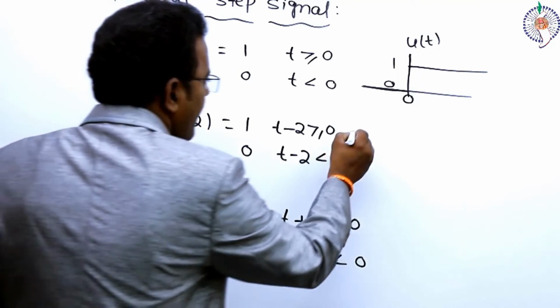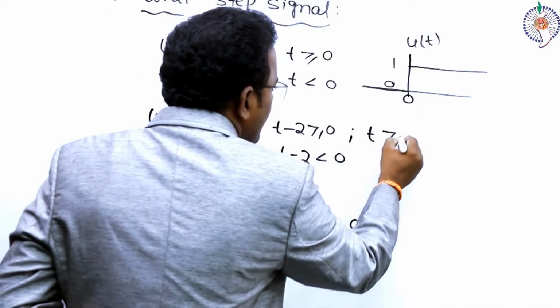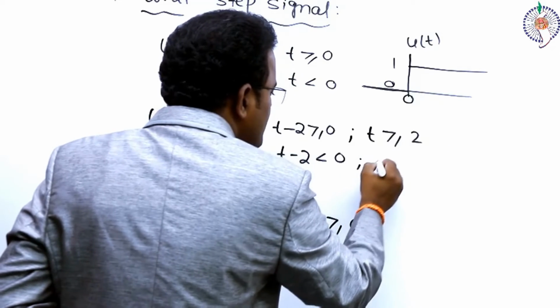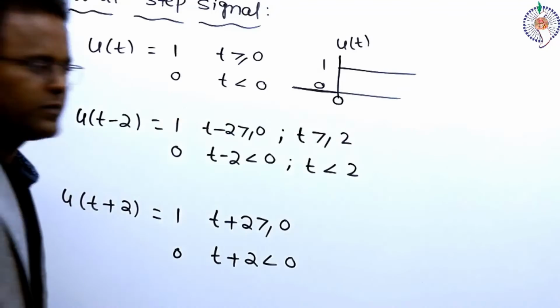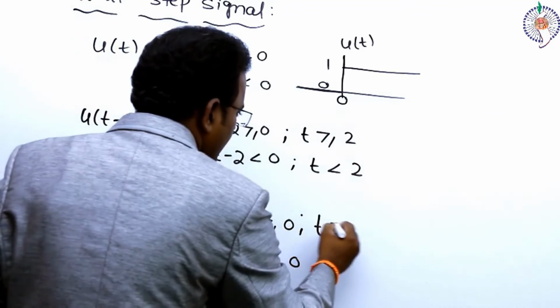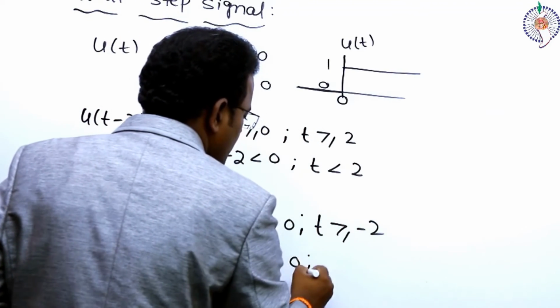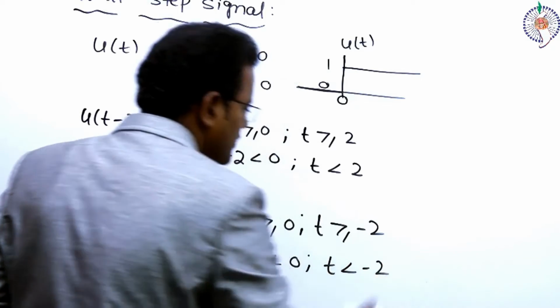That is, here what is t? Greater than or equal to 2 onwards, and t less than 2. Here t greater than or equal to minus 2, and t less than minus 2.